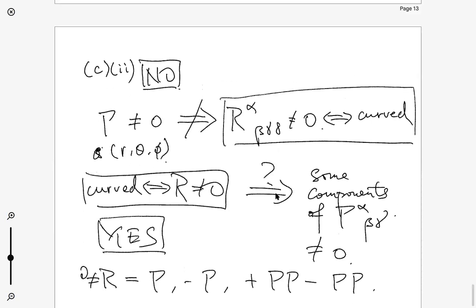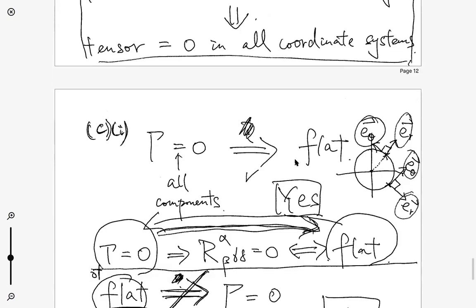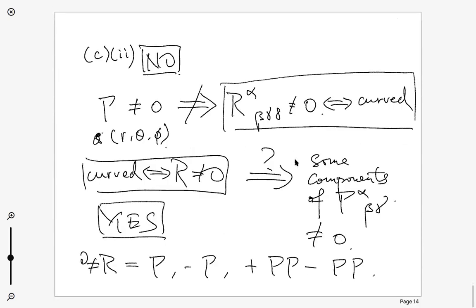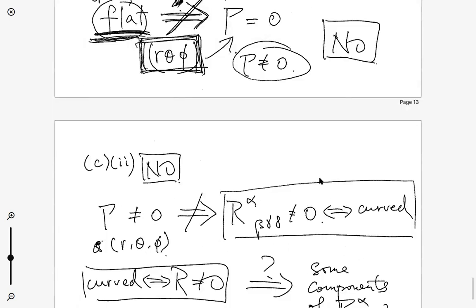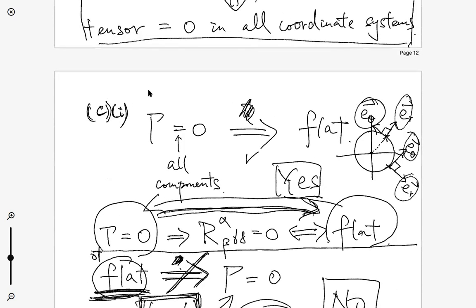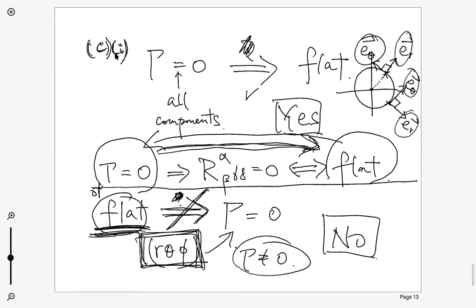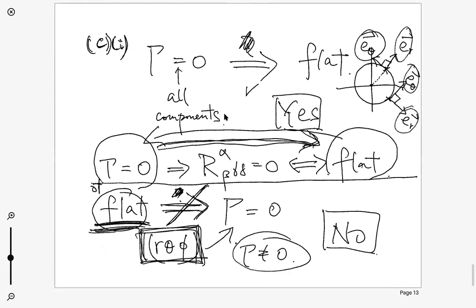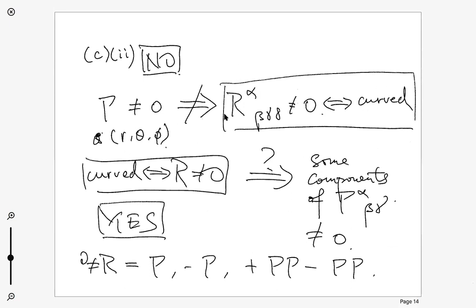But the other way of looking at this is, again, about the logic. It is the negation, or the reverse version, of the first statement that we have done for the first part, C1. In C1, we said that gamma equals 0 implies flat, right?